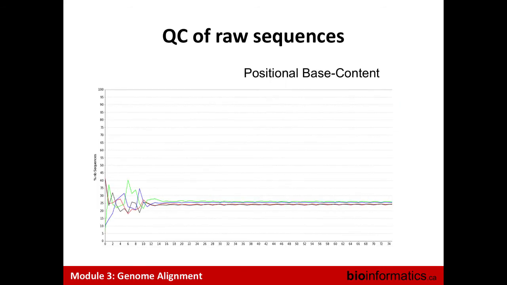Another QC you can do on your data, and we talked about it previously during the module, is to look at the positional base content, which means for each cycle, like the same type of graphs as previously, you will have 4 lines that represent the percent of bases in all the reads for this cycle.